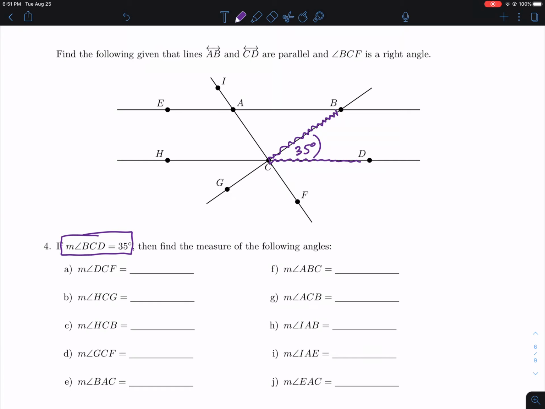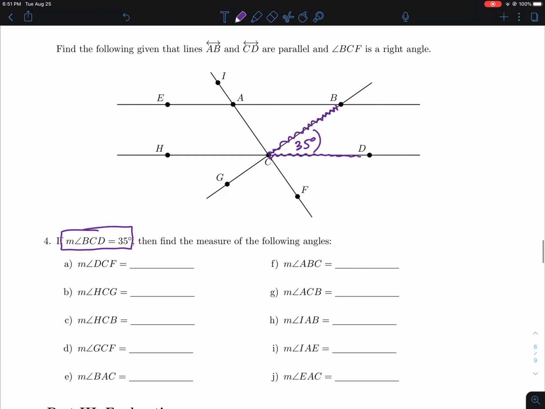And surprisingly enough, just by knowing that and the fact that BCF is a right angle and these are parallel lines, I can actually fill out all the other measures of all these different angles, which is kind of crazy. So what you want to do is use the different theorems to plug away, use some of the things that are there. One easy thing we could start off with right away is, since I know BCF, let me draw it in a different color.